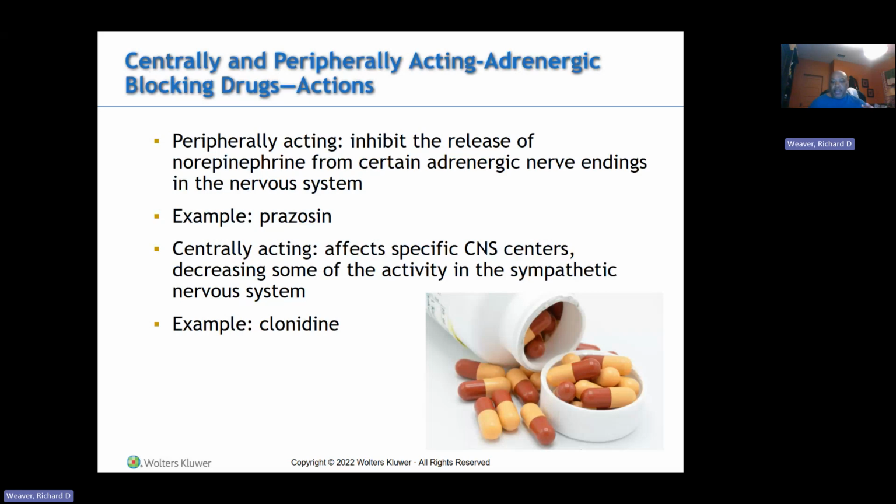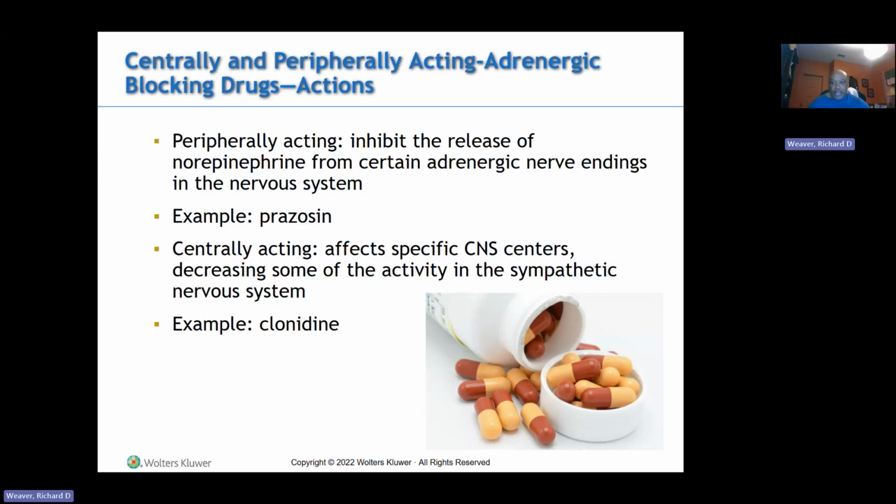Some of this norepi is in the nerve endings, and so these particular drugs prevent the release of that norepi. This group is composed of peripherally acting drugs, meaning it's acting on our peripheral structures.